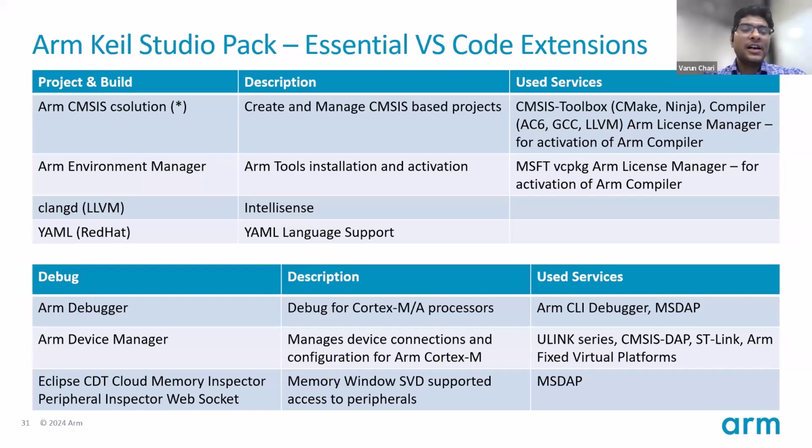And there are other debugging extensions like Arm Debugger, which is basically used to debug Cortex-M and A processors. There is Device Manager for managing all these device connections to the Cortex-M through the ULINKplus, CMSIS-DAP protocol, ST-Link, Fixed Virtual Platforms, and other debuggers.